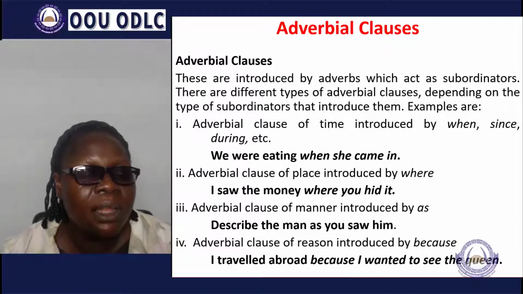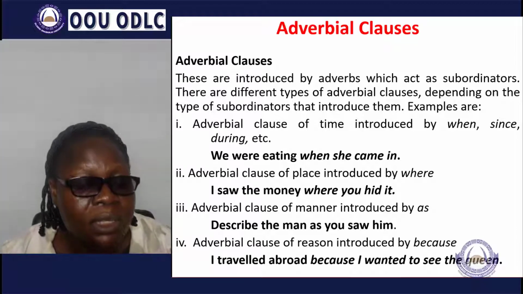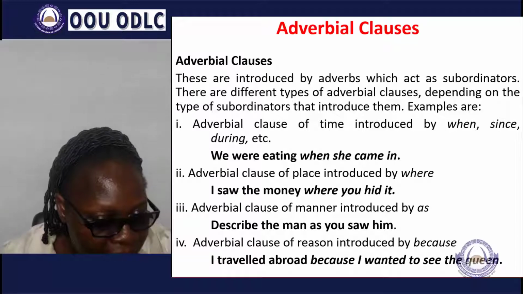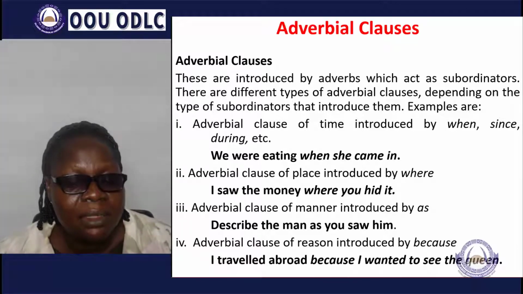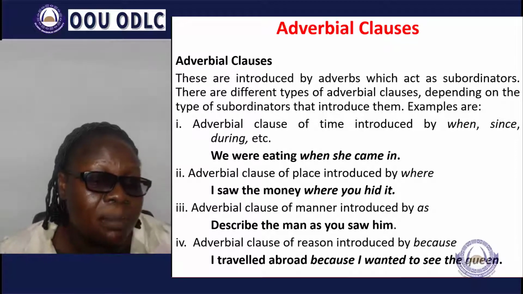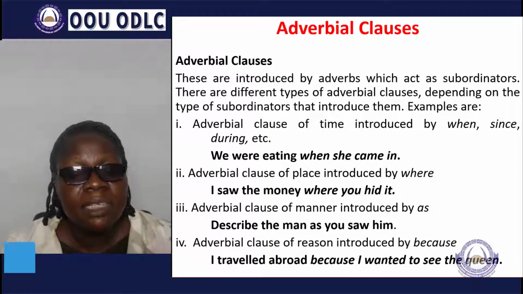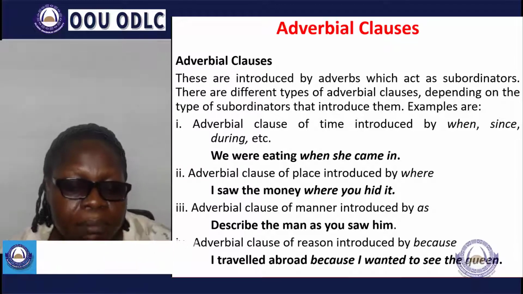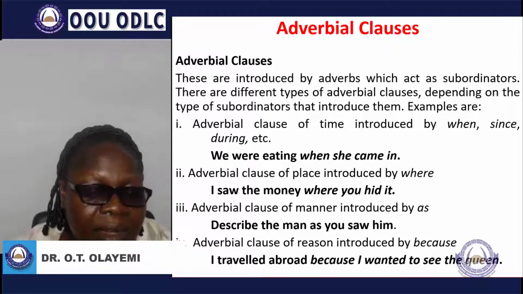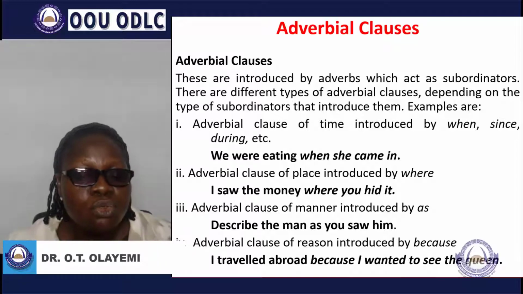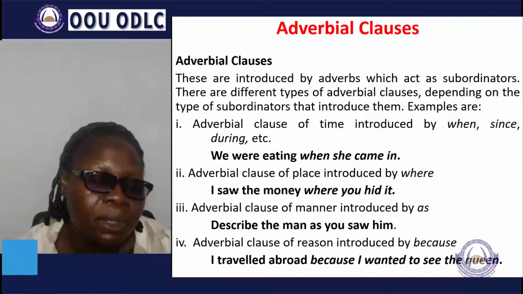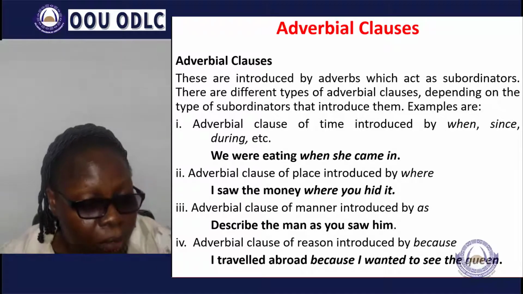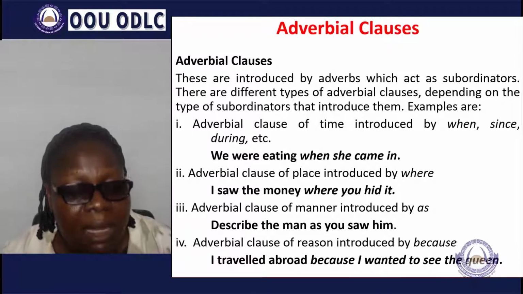Another type of adverbial clause is the adverbial clause of manner, which is introduced by as, and tells us how an action is performed. Describe the man as you saw him. As you saw him, that's the adverbial clause, and it is that of manner.